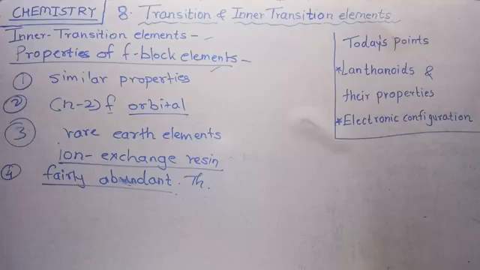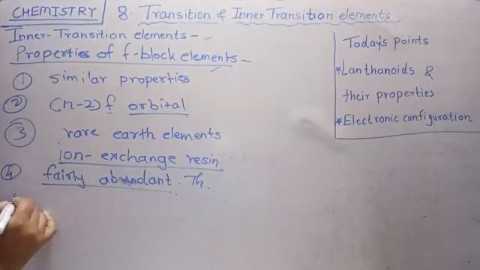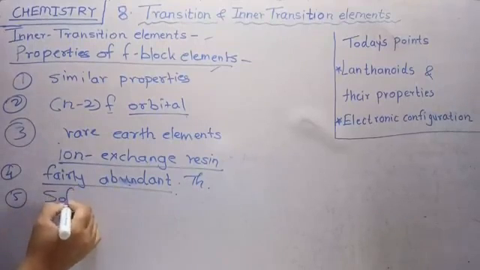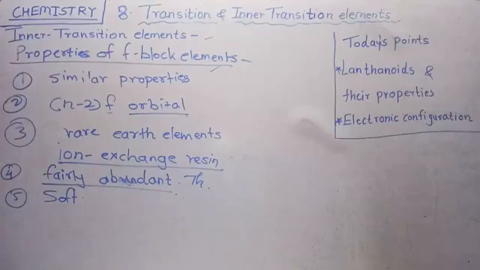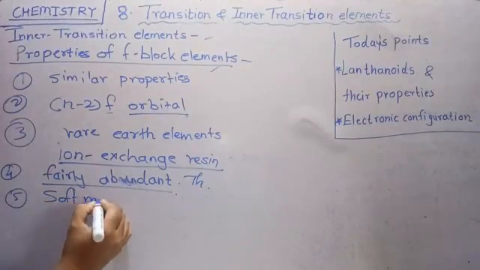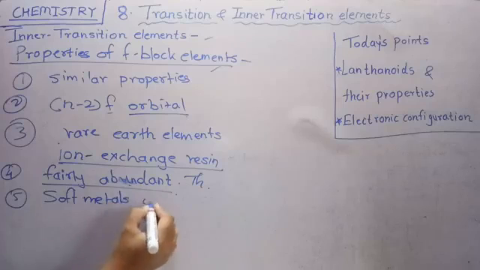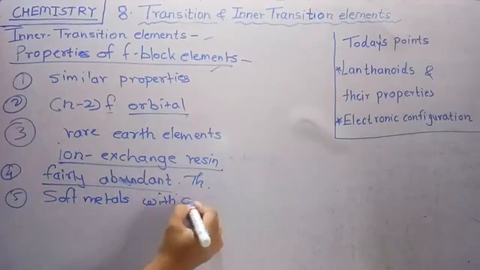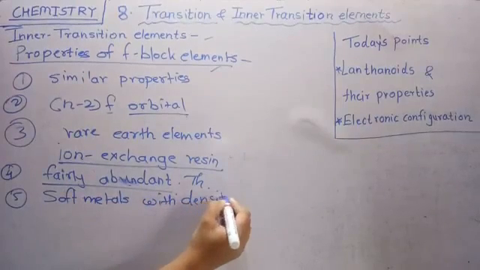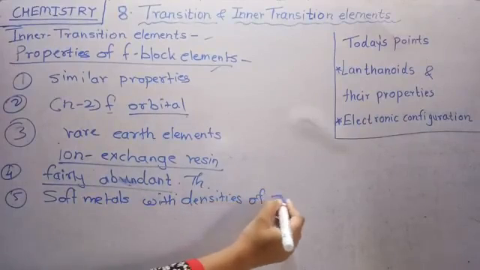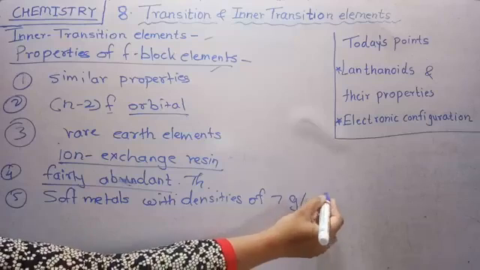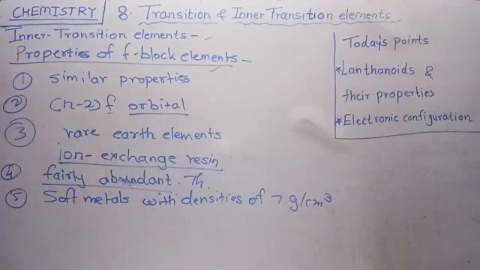The next one: these metals are soft, with moderate densities of 7 gram per centimeter cube.